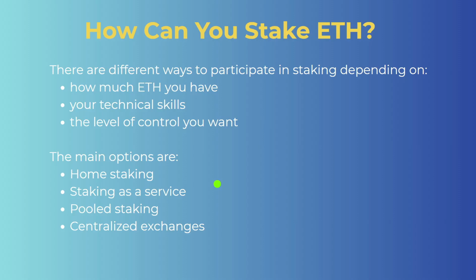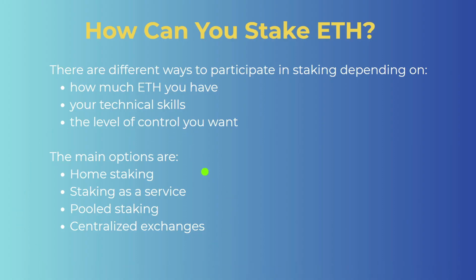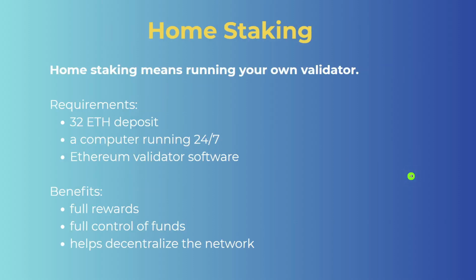But maybe there are also other people who want to have this kind of control. So of course these options reflect all this possibility among different groups or different people to participate in staking. So home staking means basically that we run our own validator. We start this validator software on our own machine.